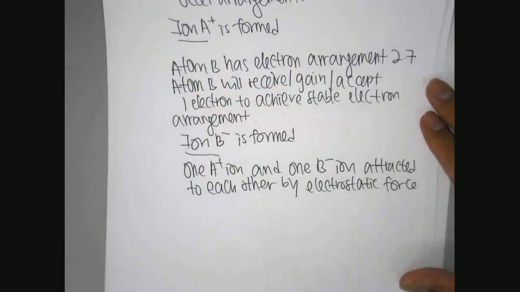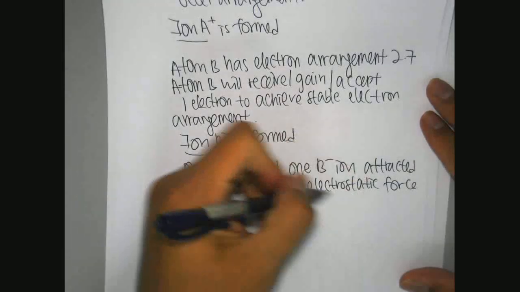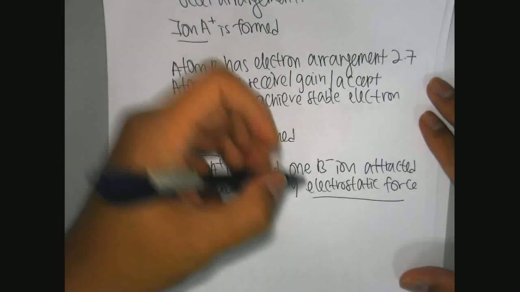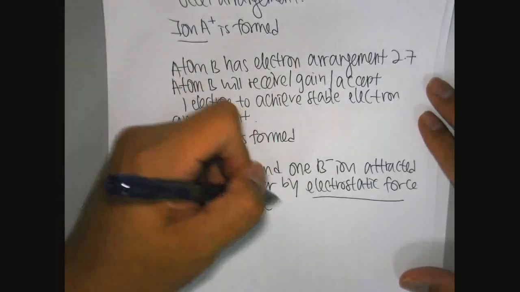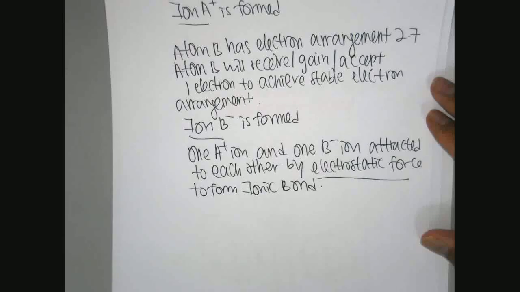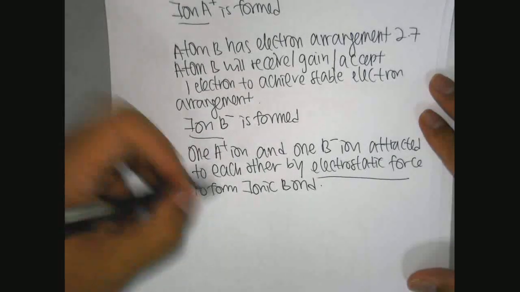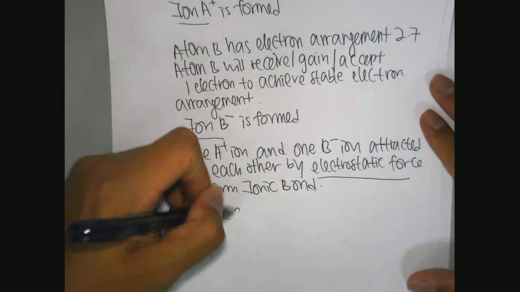There is an electrostatic force that binds them together. The force between the oppositely charged ions is called an ionic bond. When they form an ionic bond, at the end of the day they will form an ionic compound. So you will get an ionic compound.